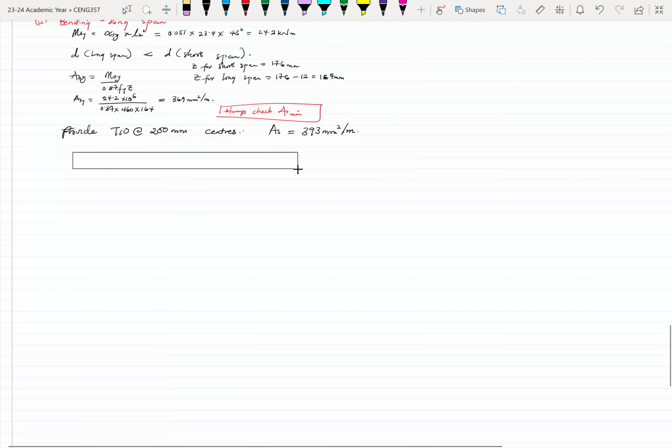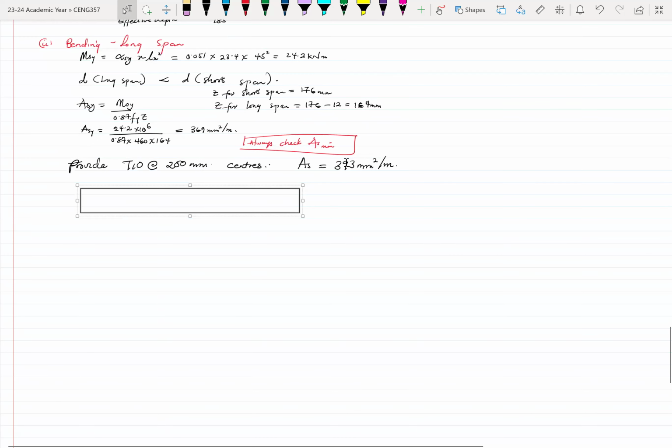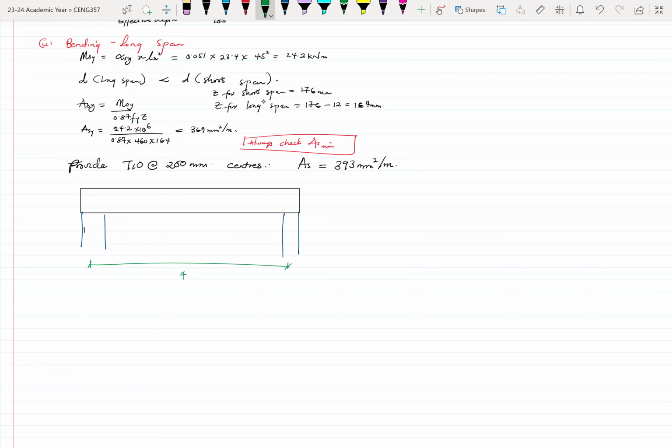Okay, great. So this is our slab in the shorter span direction. Let's say we have the beams as supports at these ends. So our effective length or span length here will be 4.5 meters.